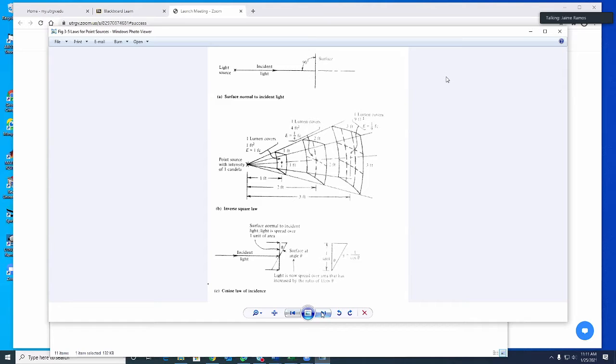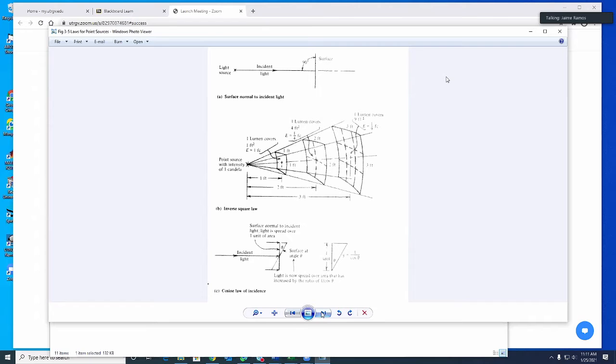Therefore, to get the illuminance, we divide the flux in lumen by the area. So for the first area, at 1 foot distance, we have 1 foot candle.